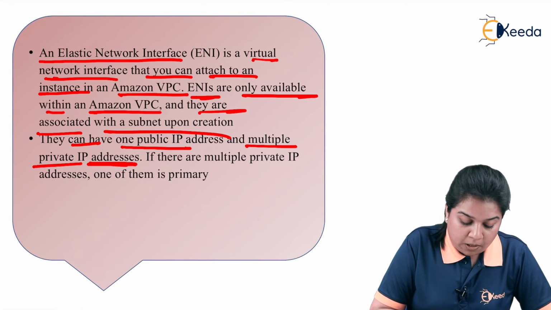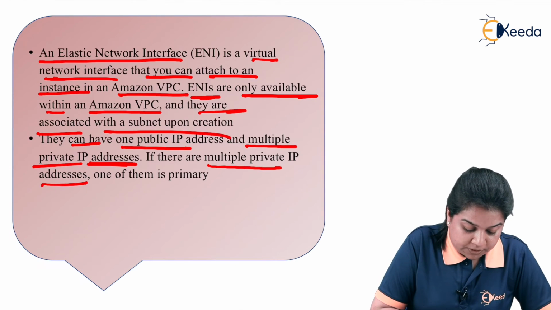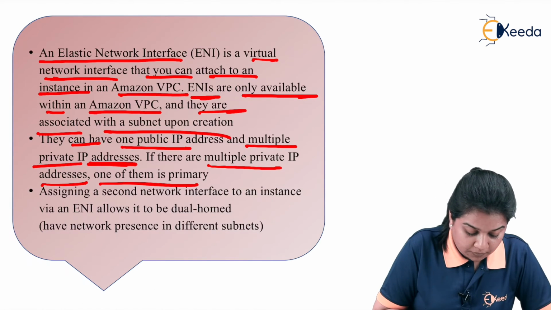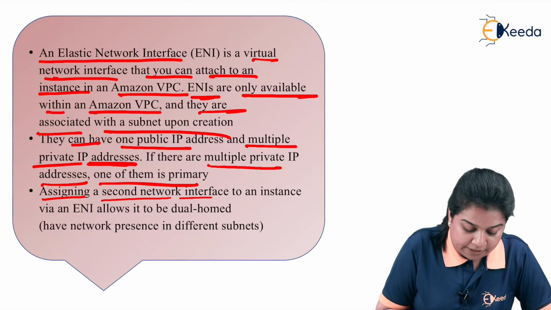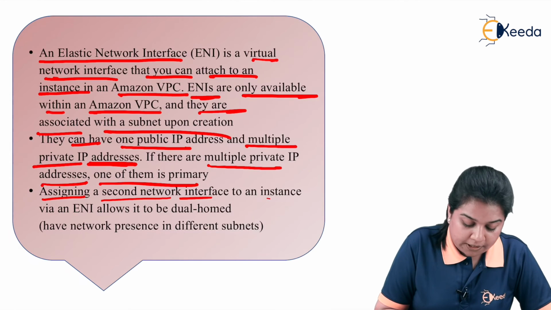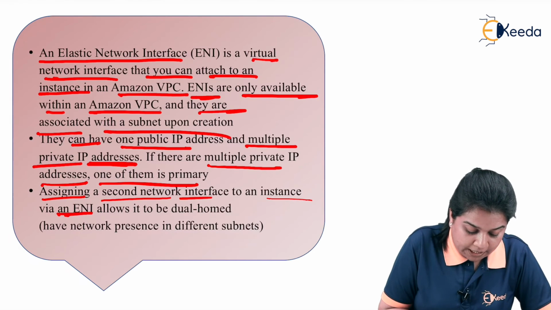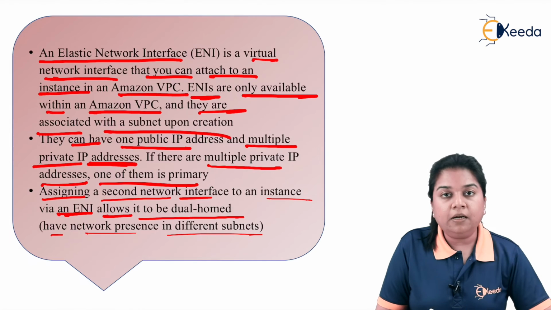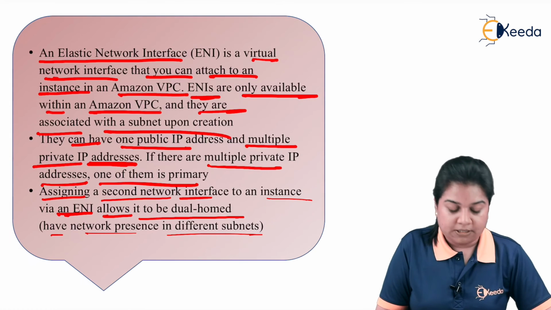If there are multiple private IP addresses, one of them is primary. Assigning a second network interface to an instance via an ENI allows it to be dual-homed. That means it has network presence in different subnets.